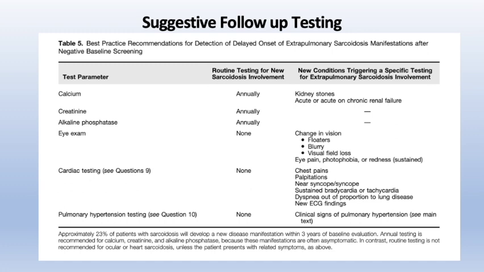To rule out hepatic issues, you must do an annual alkaline phosphatase. Eye examination is not recommended as a routine follow-up, but there are certain soft indicators like a change in vision, presence of congestion in the eye, floaters, blurry vision, eye pain, or eye redness that is not going.